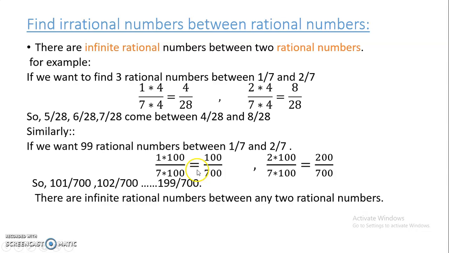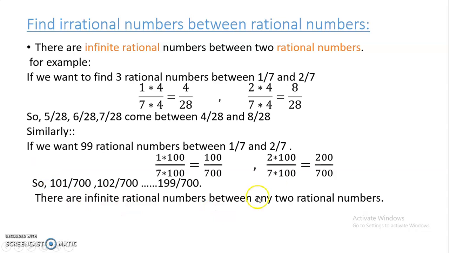Now again the denominators are the same, so you can write 99 such numbers in between these two rational numbers, like 101 by 700, 102 by 700. You can go till 199 upon 700. All these 99 numbers will come in between 1 by 7 and 2 by 7.